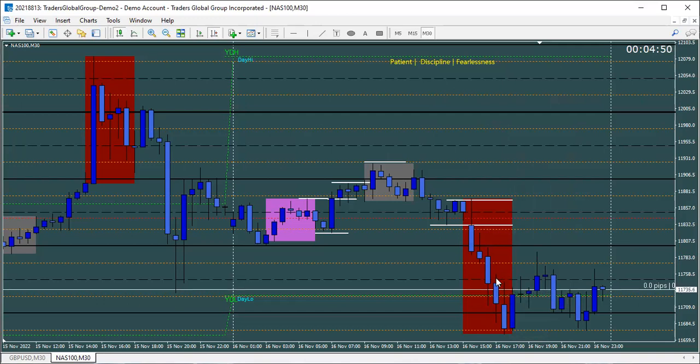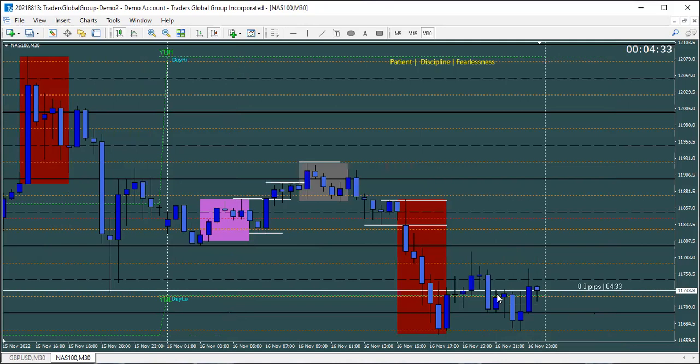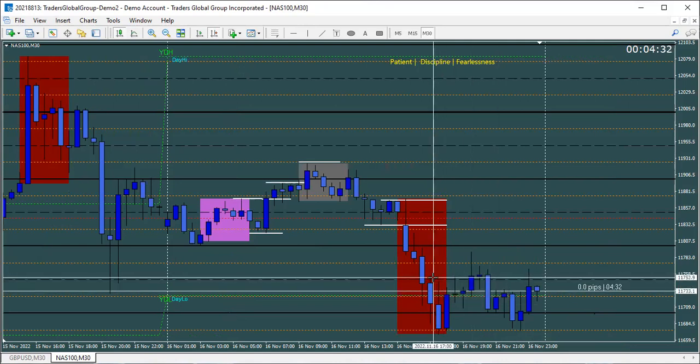Once it pulled back above the 50, because you want to get filled at the 50 or above the 50, I took an entry there and set a 50 pip target. I got in up here above the 50 and just set my target for my 50 pips.